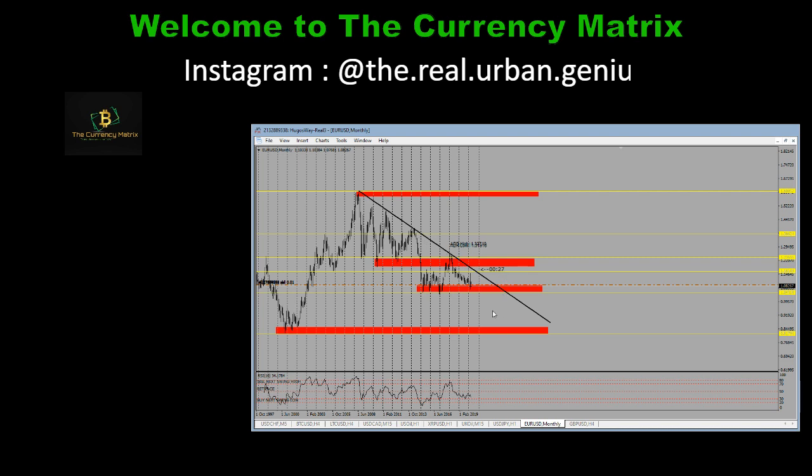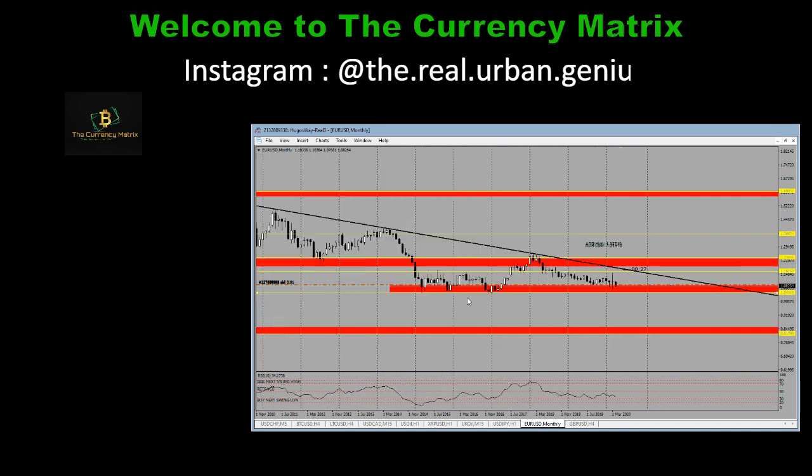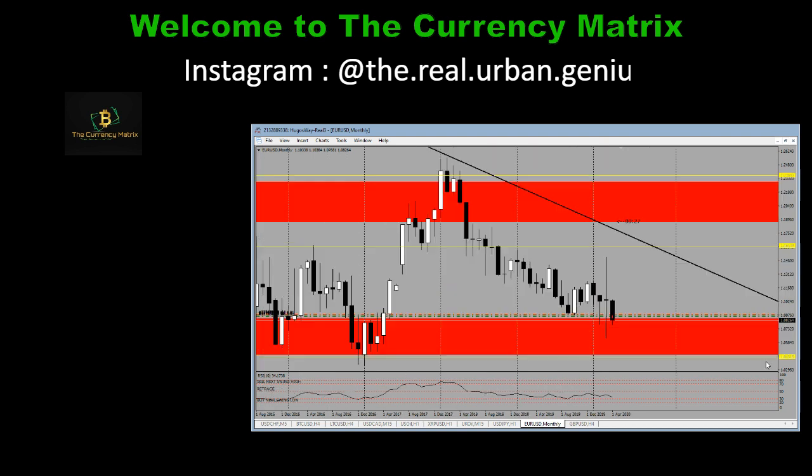Now at this zone that we're at, 1.082, we're breaking down that zone as we speak. Again, if we look at the current price action on the monthly candle, price should be coming down here to retest or possibly breach this area.